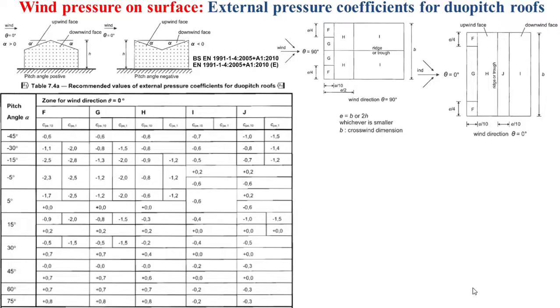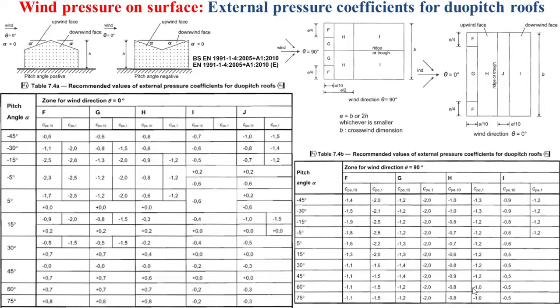And based on the table that you see now in this slide, you can determine the external pressure coefficient in the roof depending on the pitch angle alpha and also depending on the wind direction theta.